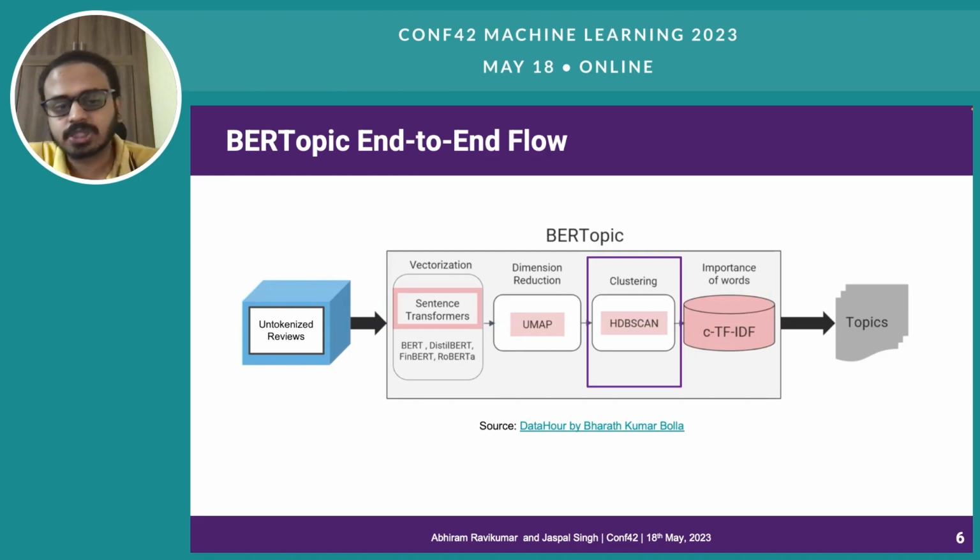Then we do dimensionality reduction, which reduces these high dimensional vectors into smaller dimensions so that they can be processed by the clustering algorithms. We will be looking at clustering and HDBSCAN in detail, and Jaspal will be presenting that in a short while. And the last part is the importance of words, or the representation with term frequency and inverse document frequency, which is also taken care of. And finally, we get the required topics.